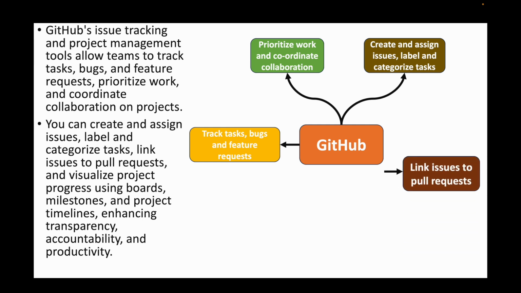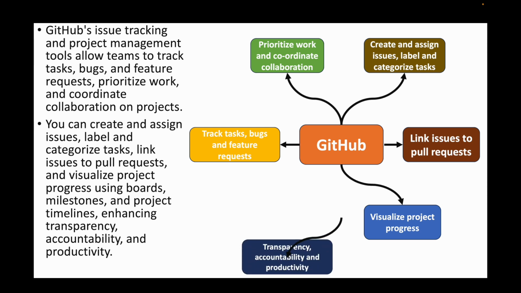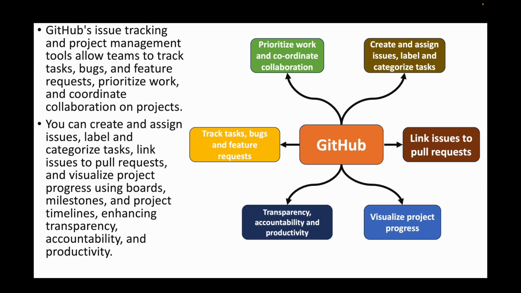We can link issues to various pull requests and also visualize the project progress using boards, milestones, and project timelines. And this enhances the transparency, accountability, and also productivity of the team. So now that we are tracking everything, we have transparency among all the contributors, we have accountability as to who is working on what, and also it improves the productivity of the team itself.